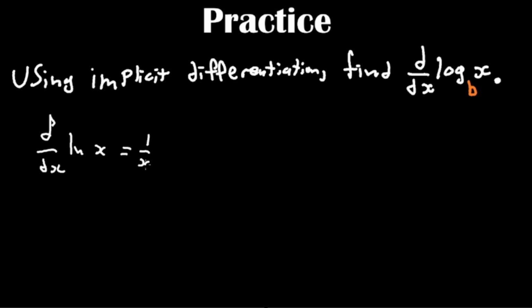We were given this, but I didn't explain how to find the derivative of log base b of x in general for any base b, because the natural log is log base e. So in this example, I'm going to show how you can use implicit differentiation to find the derivative of a log of any base.